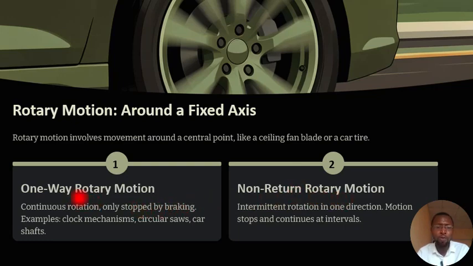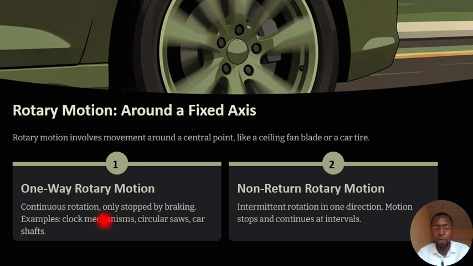Now, the one-way rotary motion is a type of continuous rotation that only stops when brake is applied. The type of continuous rotation or circular motion that only stops when you apply brake is referred to as one-way rotary motion, and we can easily find that in our analog wall clock or wristwatch.